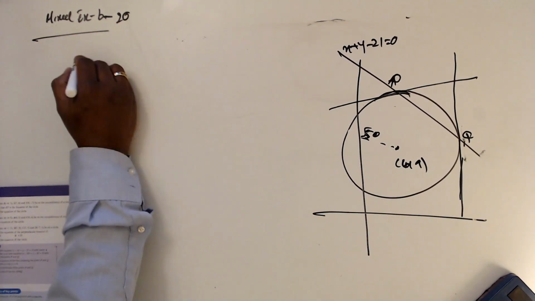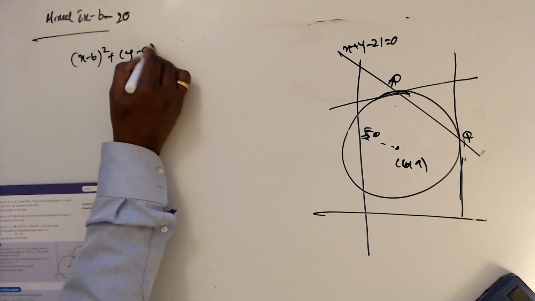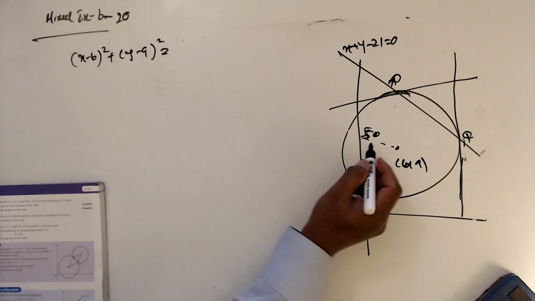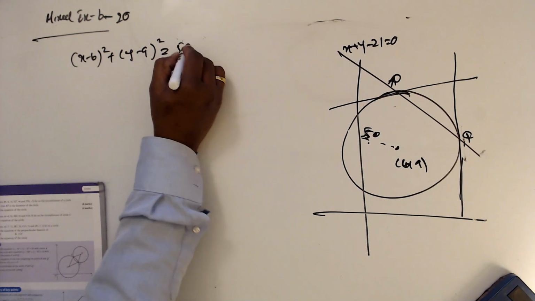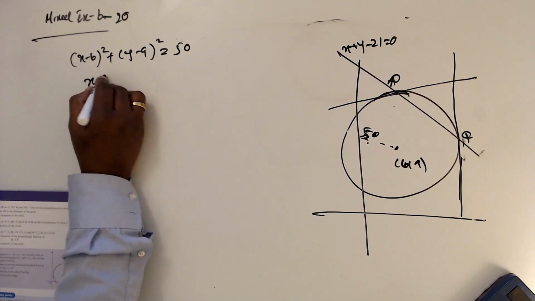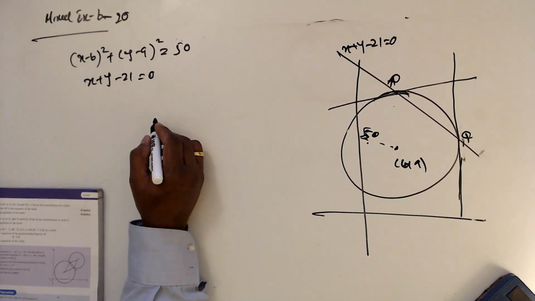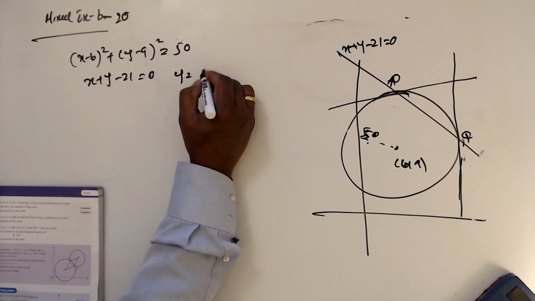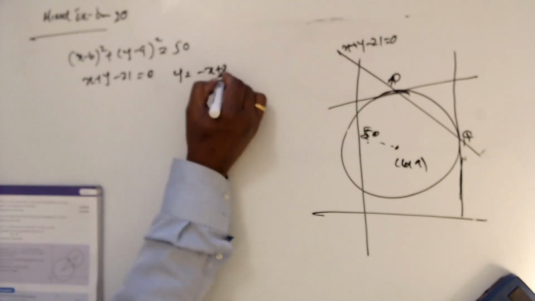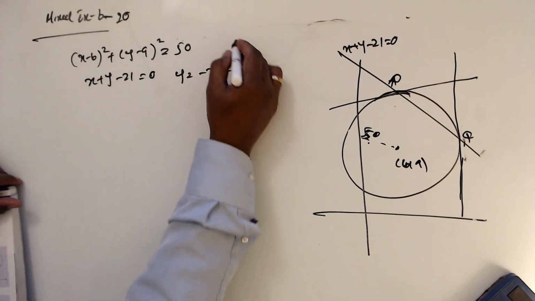The circle equation is (x minus 6) squared plus (y minus 9) squared equals square root 50 squared, which is 50. The line equation is x plus y minus 21 equals 0. It means y equals minus x plus 21. So I'm going to substitute this into the circle equation.